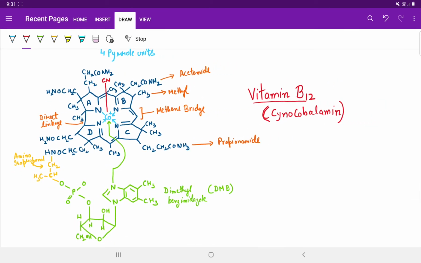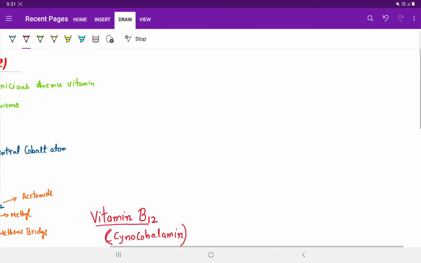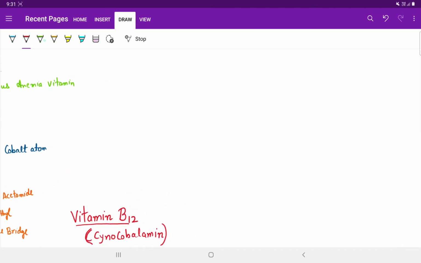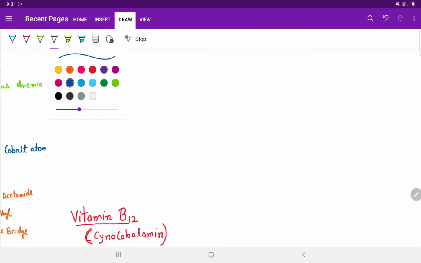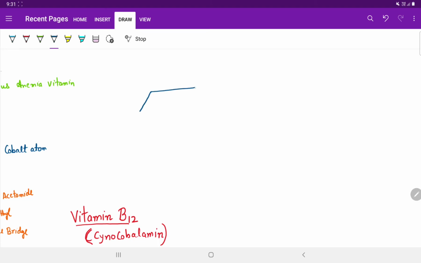Now there are different kinds of substituent groups that may be added other than the cyanide. So in order to represent it in the simplest form, we can use this annotation. So this plane represents the pyrrole ring structure, and to its center it is attached with the cobalt.